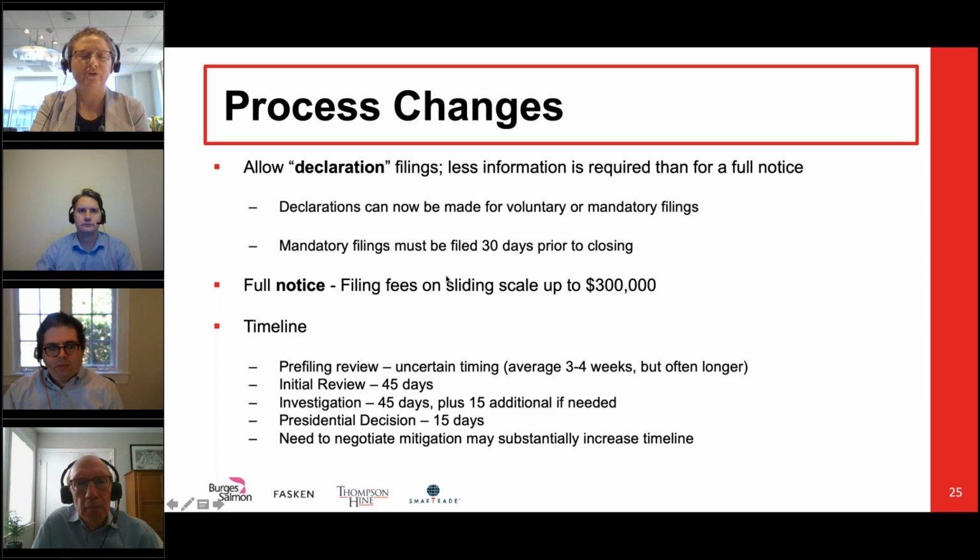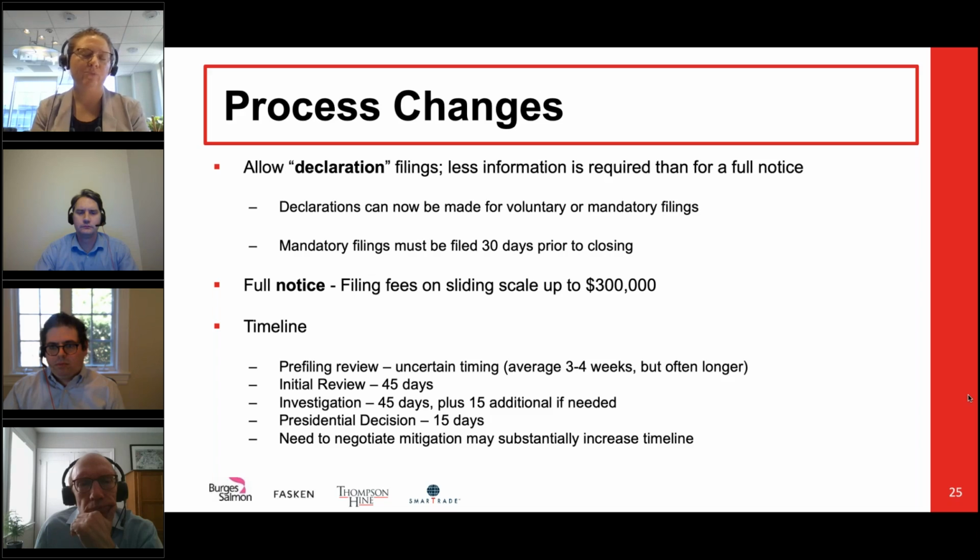Another important process change to note is that they introduced the concept of filing fees, which CFIUS never had. It's a sliding scale up to 300,000, mostly based on the size of the transaction. In terms of timeline, here's the formal timeline if you're talking about a full notice. There's a pre-filing period before they accept the notice as complete.